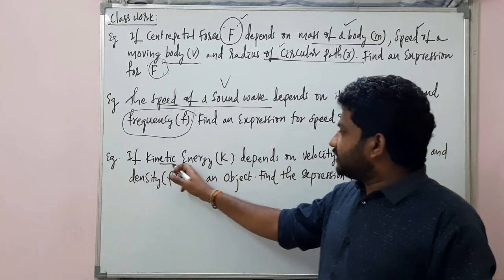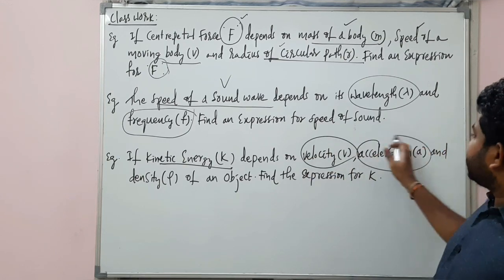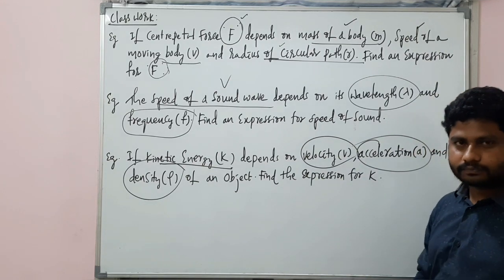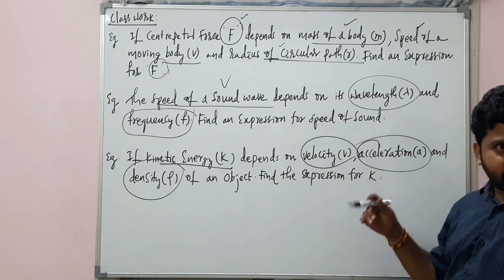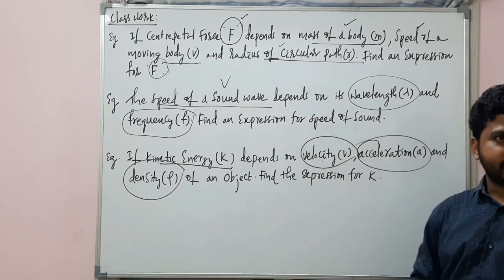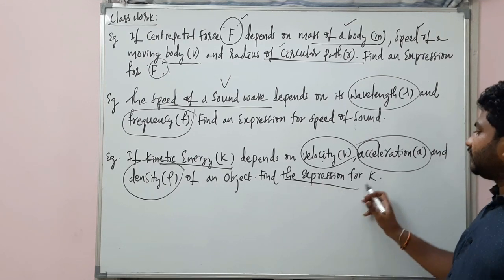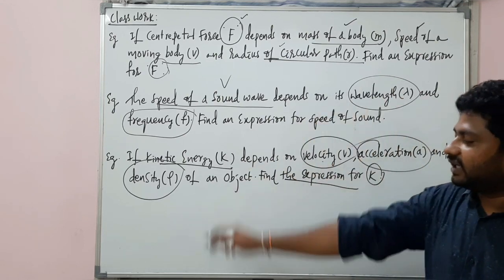If kinetic energy K depends on the velocity, acceleration and density of an object, what is the expression for kinetic energy in terms of velocity, acceleration and density?